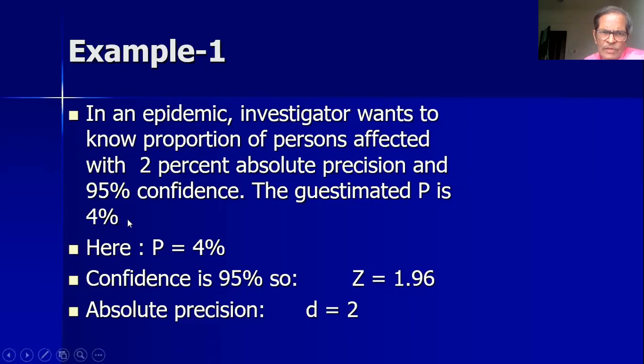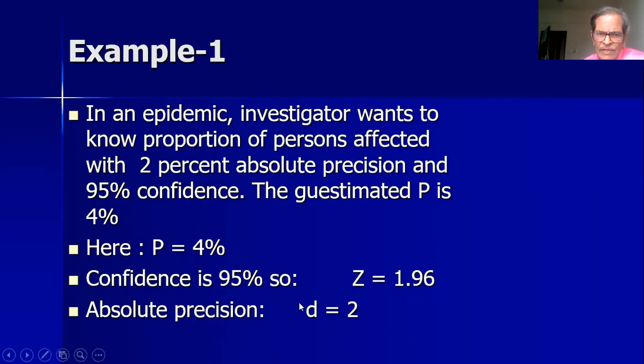And he wants the estimate to be with 2% absolute precision and 95% confidence. He has a guess based on the cases admitted in the hospital that about 4% of the population might have been affected. So that is the idea. So here P, that is the guess of the population P, is 4%. The confidence is 95%, so the Z value is 1.96, and the D is 2%.